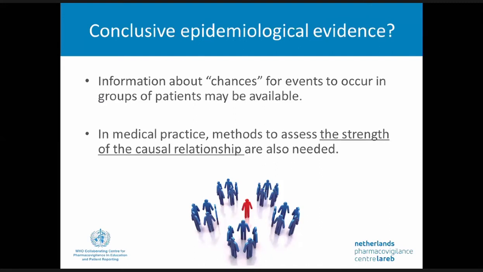Or even if you are working at the WHO Uppsala Monitoring Center, and you're receiving adverse drug reaction reports from the entire WHO region. So you're receiving adverse drug reaction reports from every country in Africa that belongs to the WHO. Well, that's a member of the WHO Uppsala Monitoring Center. They submit the adverse drug reaction reports to the Uppsala Monitoring Center.